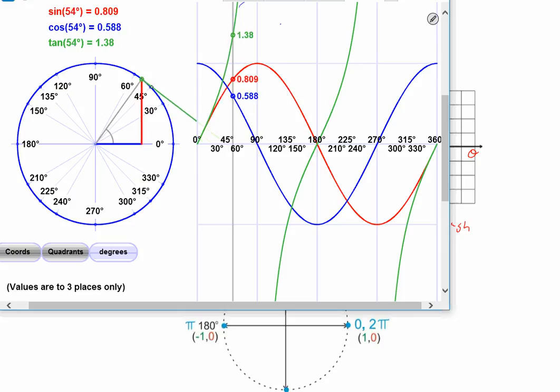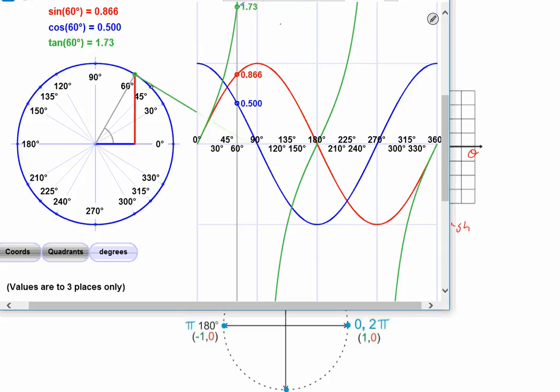If I move this around to 60 degrees, then the sine is 0.866. If you had the coordinates of that point, listen now, the x-coordinate would be 0.5, right? The value of the cosine. And the y-coordinate is the value of the sine, 0.866.